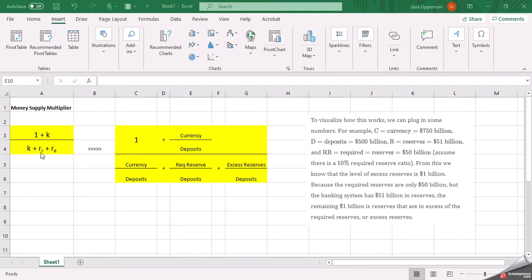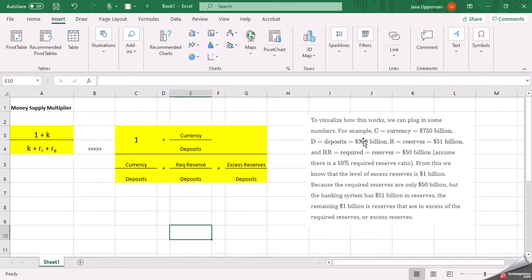The R with a subscript of R is our required reserve ratio, which is our required reserves divided by our deposits. And the R with a subscript of E is our excess reserve ratio, which is our excess reserves divided by our deposits. So that's the big mathematical formula.